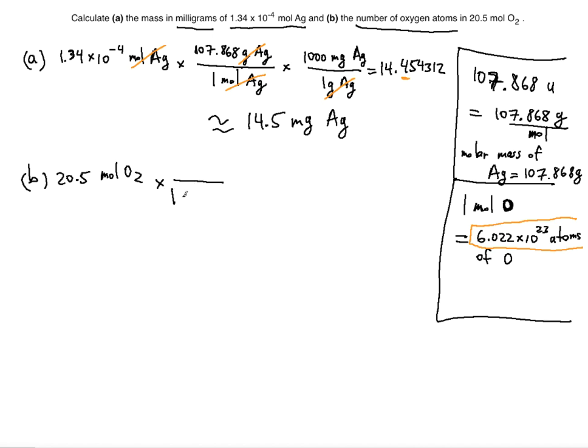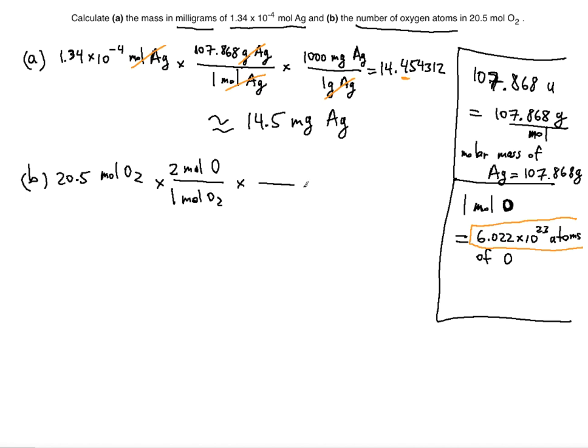So we know that in 1 mole of O2, there are going to be 2 moles of O. Okay, so that should be clear. So basically what we do is we take this subscript 2 and we place it as a coefficient, and we basically have only 1 O, one atom. So we can treat it as 1 mole of O2 molecules takes in 2 moles of oxygen atoms. That's how we can treat this conversion, right?